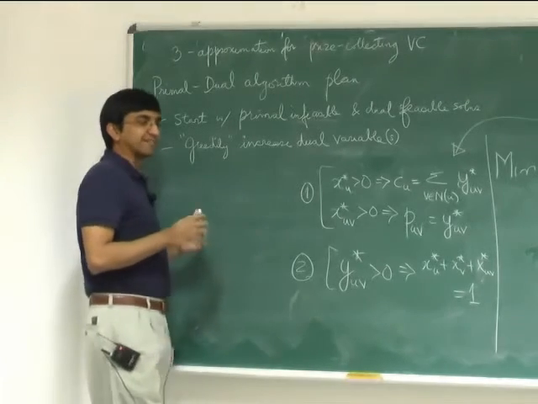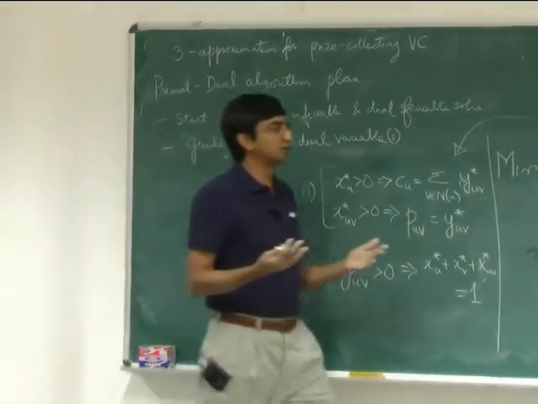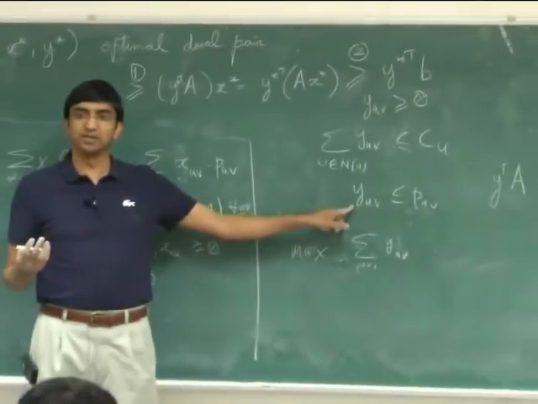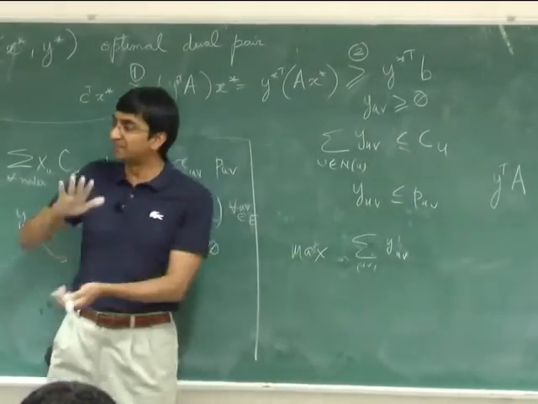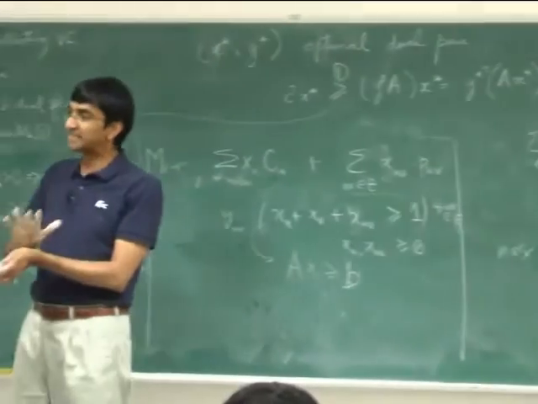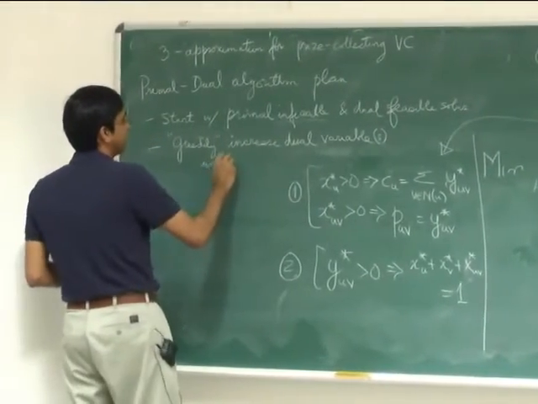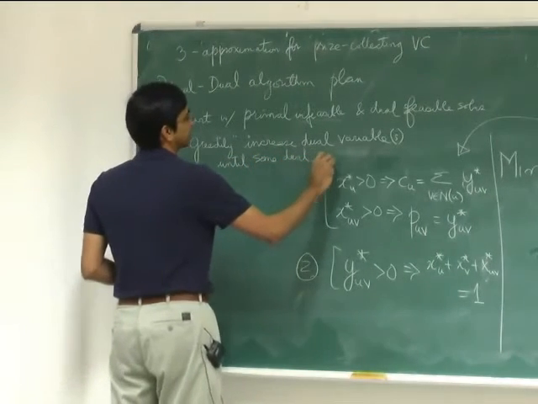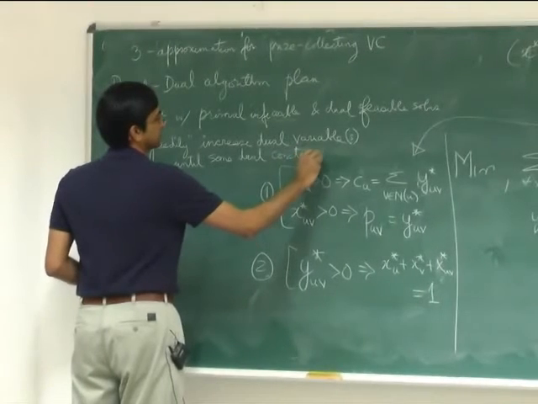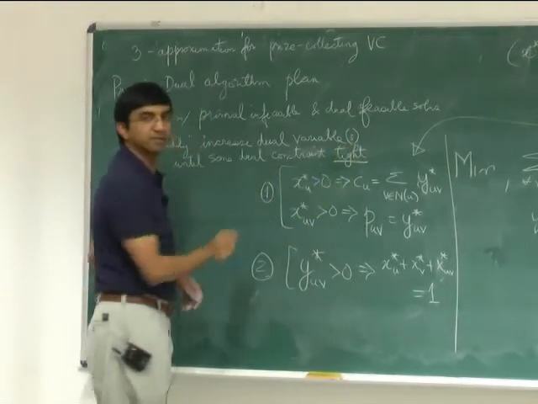And when I start increasing the dual variables, remember what dual variables are? They are just the y values. But they have an upper bound. So somewhere something will prevent me from increasing it too much. Okay? So I'll greedily increase this until some dual constraint is tight.